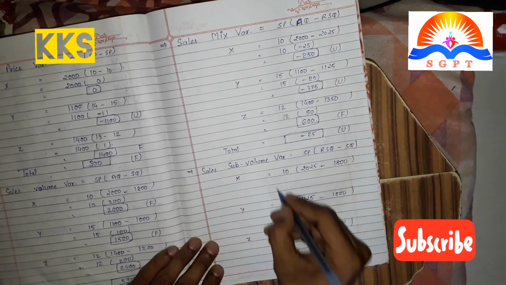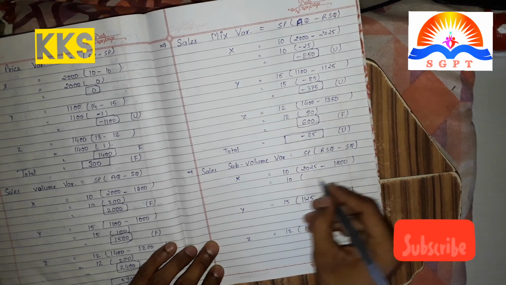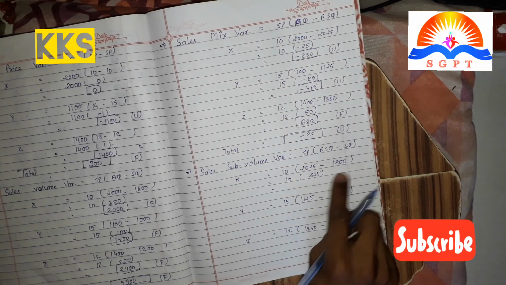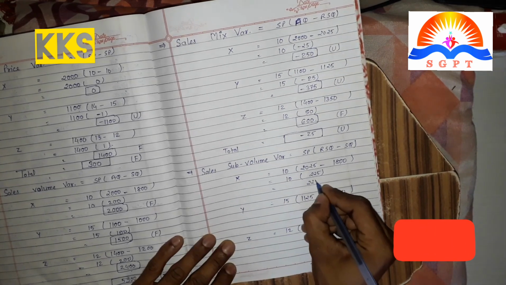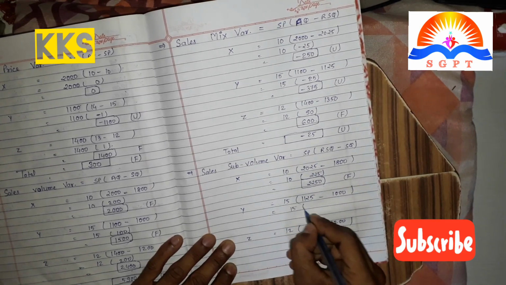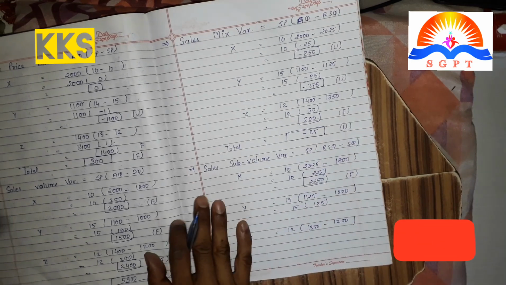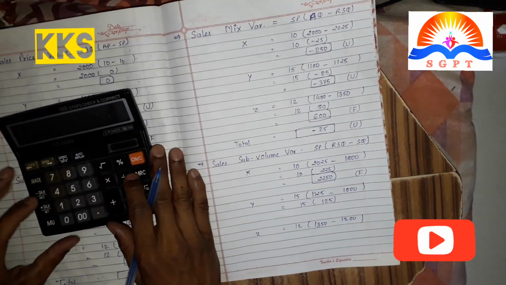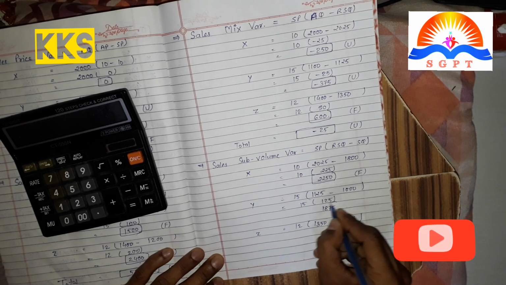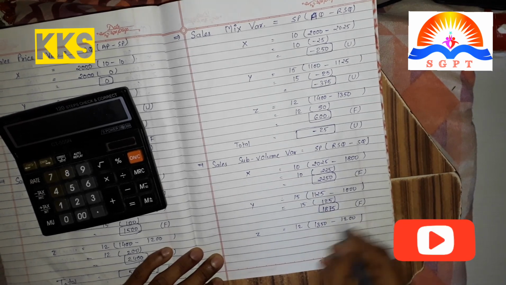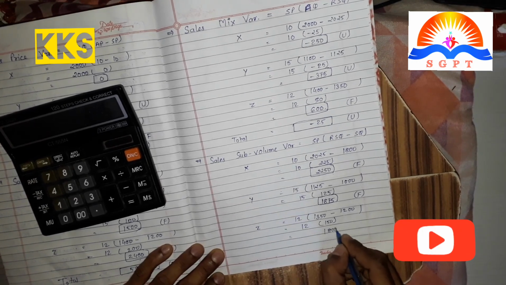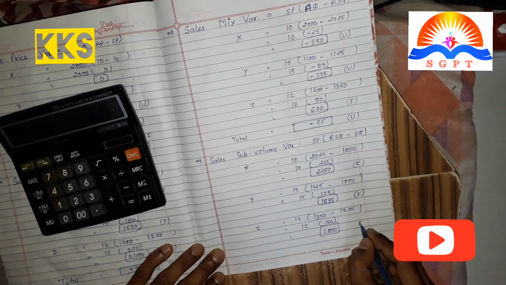Bracket close and calculate. 2025 minus 1800 you will get 225, into 10, 2250. Then 125 into 15 is 1875. Then 12 into 150 is 1800. It is also positive, meaning favorable variance.